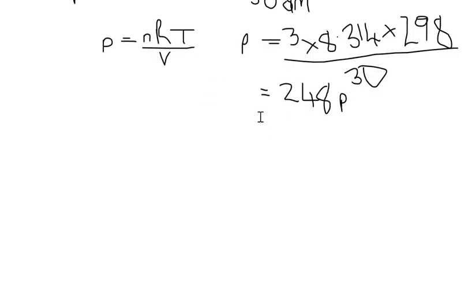So as you can see, for 30, it's 248, and for 50, it's 149 pascals. So that is basically the answer for this question.